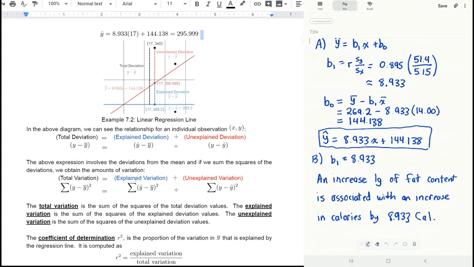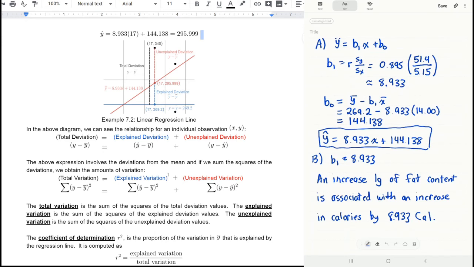The explained variation is the difference between the predicted value, y hat, minus the average value, y bar. And then we have the unexplained variation, which is the difference between the observed value and the predicted value.